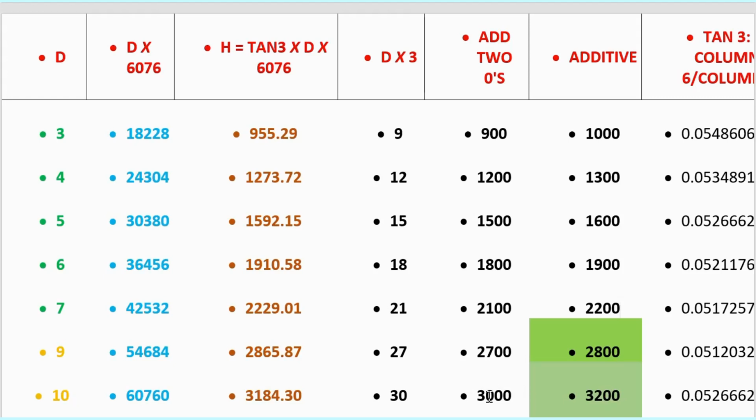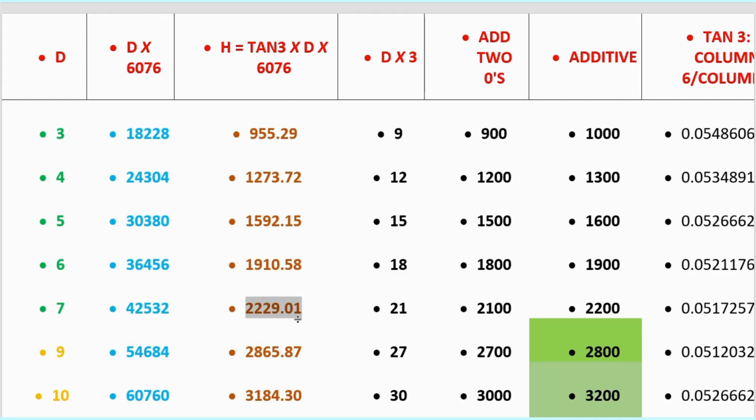One more example I can give you, let's say 7 miles. So 7 miles in feet is going to give you 42,532 feet. And then if you want to talk about the height corresponding to 42,532, you can use the calculation in the column here, and you get 2229.01.